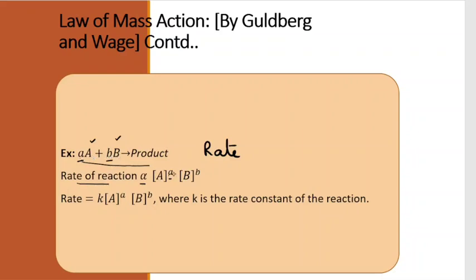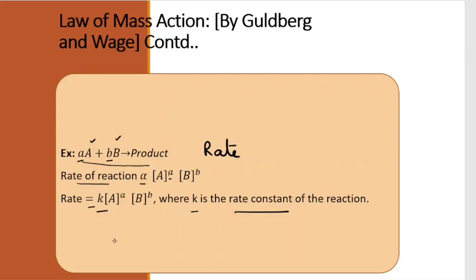The coefficient of B is small b, so [B] is raised to b. After removing the proportional symbol and putting an equal sign, we definitely keep a constant, K. Here K is called the rate constant of the reaction.